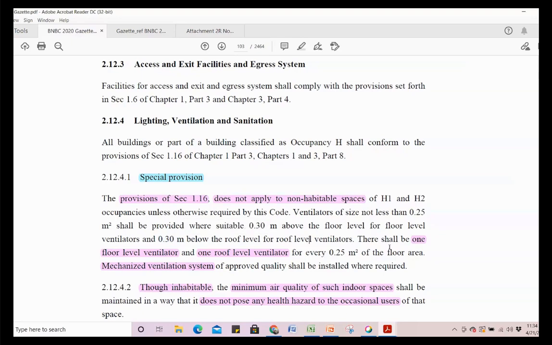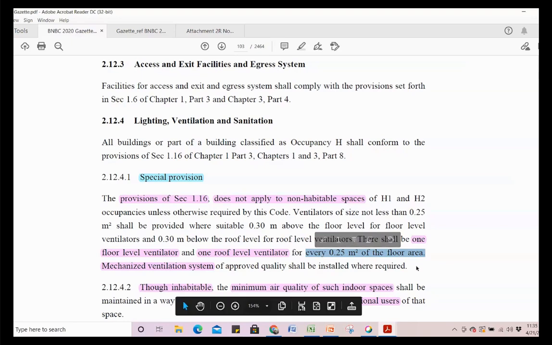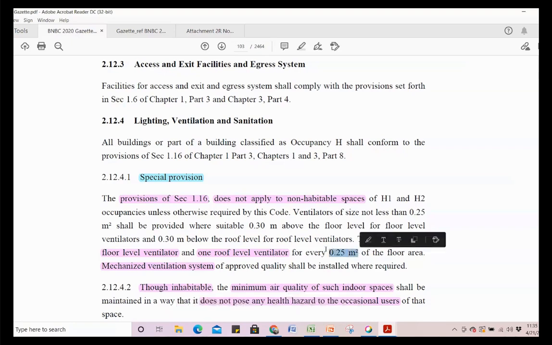There shall be one floor level ventilator and one roof level ventilator for every 0.25 square meter of the floor area. So for a larger area there will be multiple ventilators, but following the same rule: for a particular 0.25 square meter unit, there will be two ventilators, one at roof level and one at floor level.